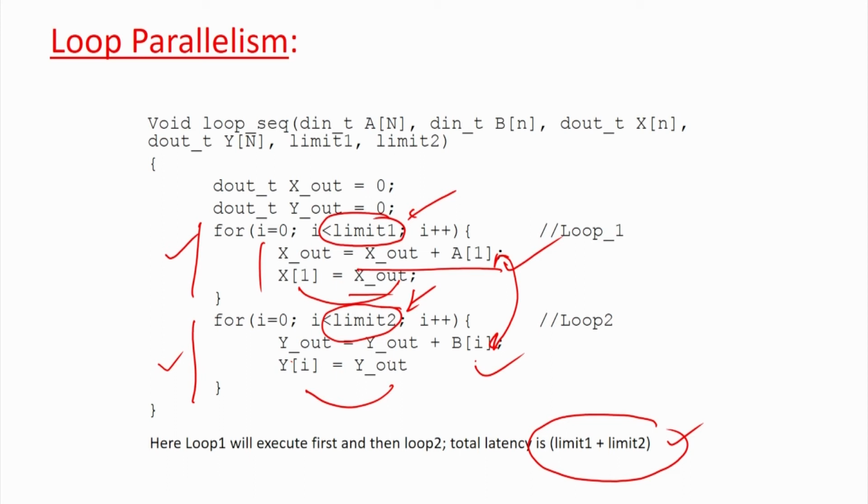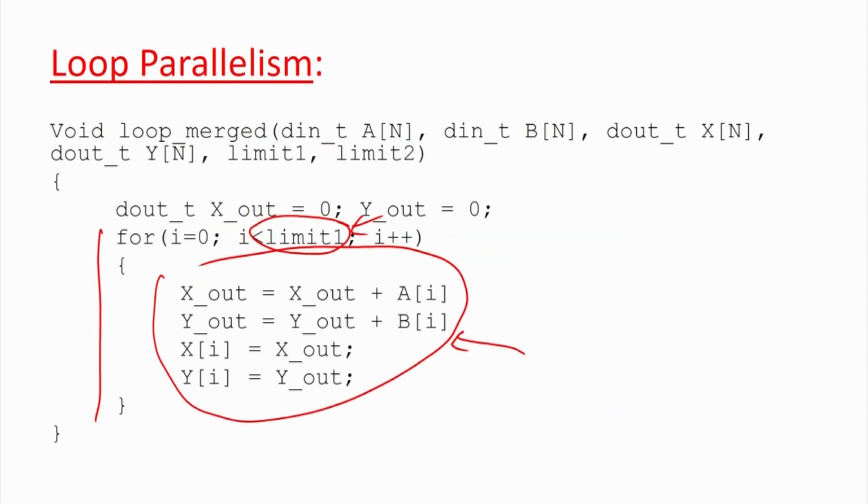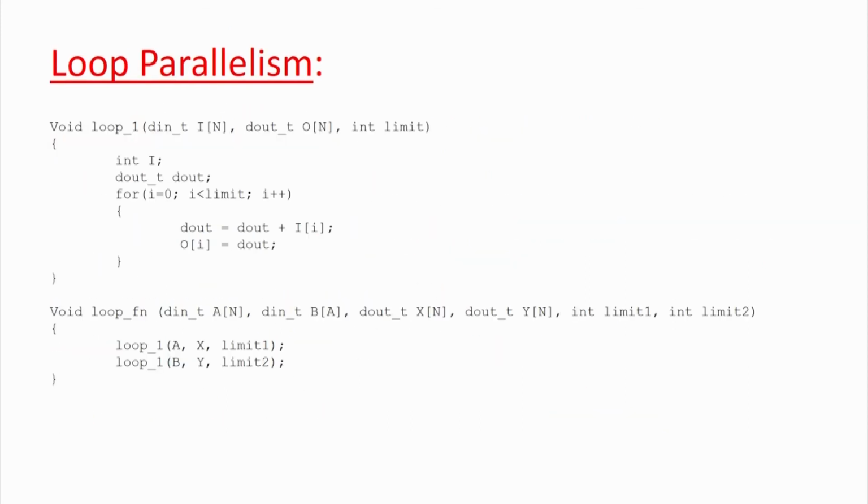So, I can write a simpler function which will do this body, and the parameter to that function will be this a, and the output will be y. The return type will be x or y and the input will be a. So, what I have written here is a function where my input is I, my output is o, and I have a limit.